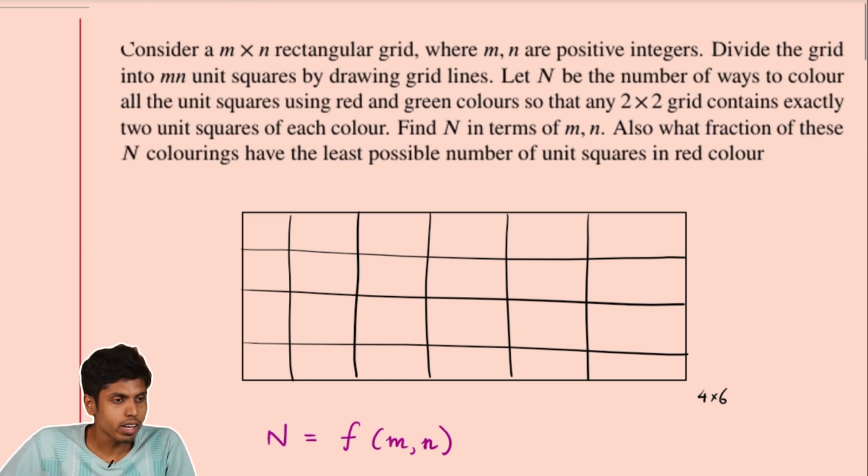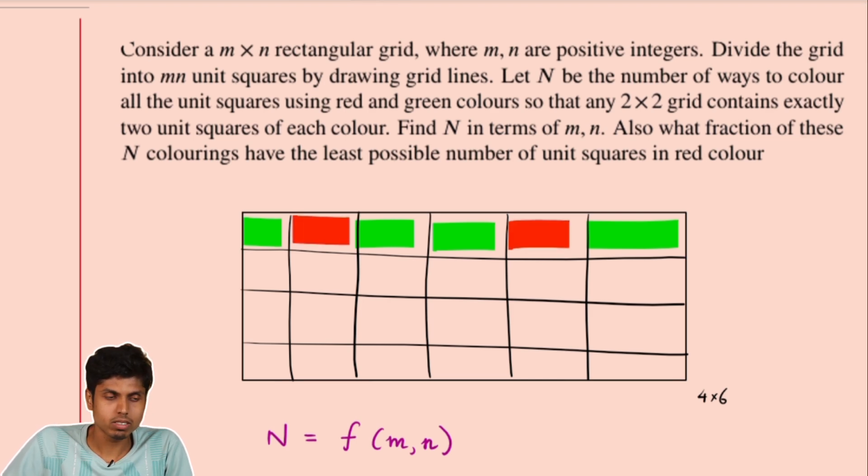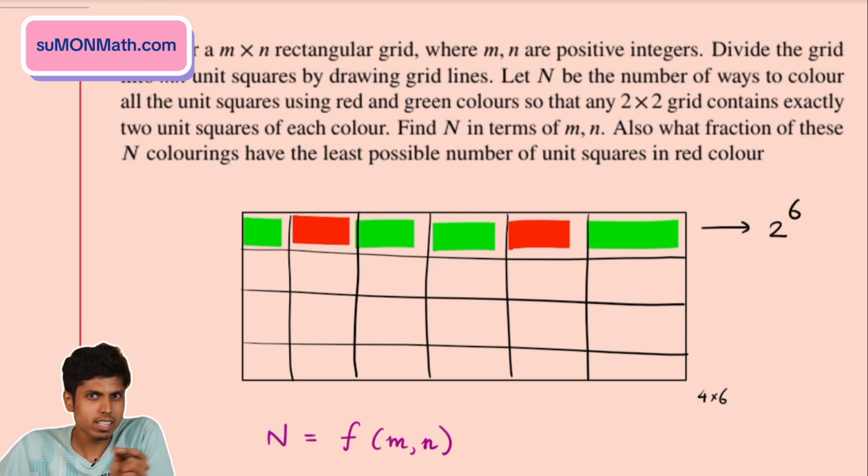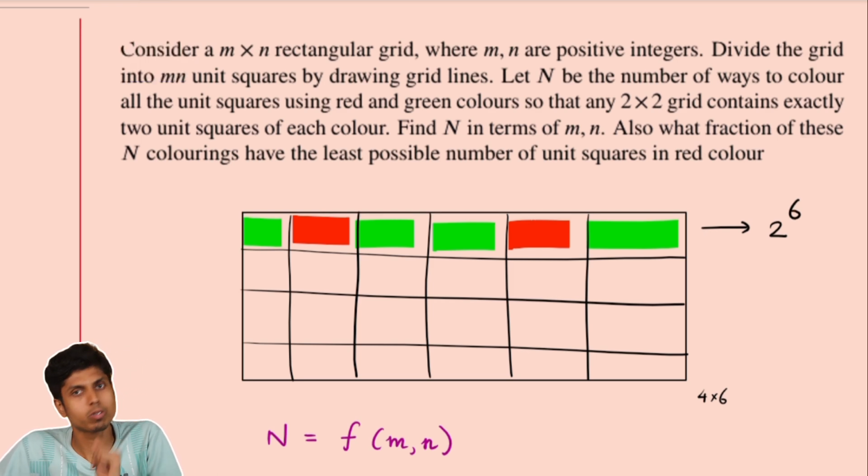If I color the first row alone, let's use the green highlighter for that and the red one. Notice I'm doing this randomly. There is no justification or procedure behind that. And there are in total 2 power 6 ways, as there are 6 cells in that row and each cell has 2 possibilities, either red color or green color.